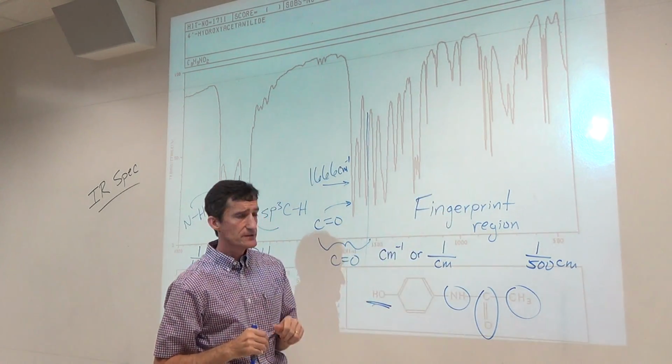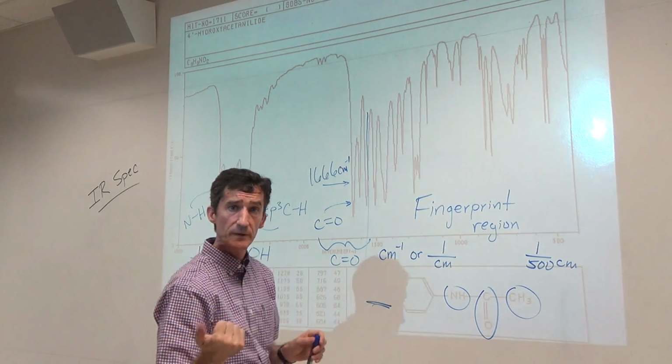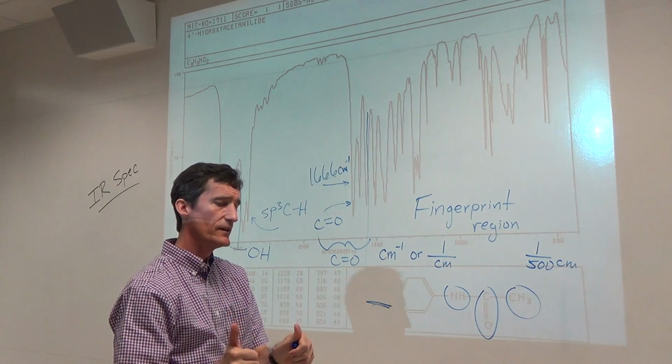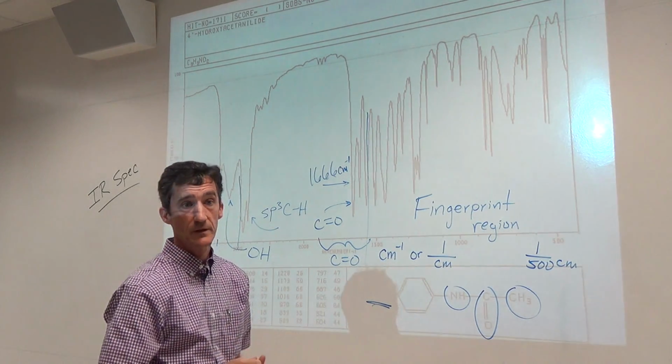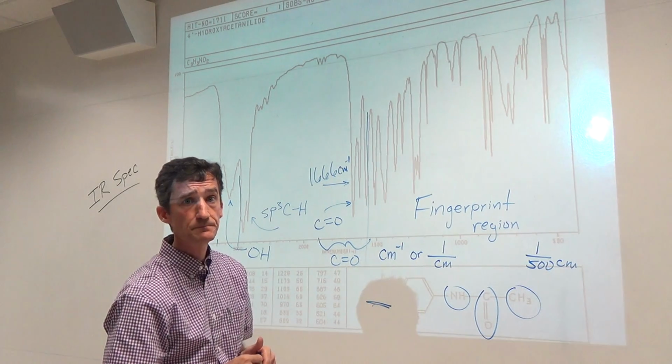The fingerprint region for a compound in the IR can be used just like a fingerprint for a human being. And if you think about it, the fingerprint is only helpful if you can compare it to something. Just a random fingerprint cannot help you identify a person.